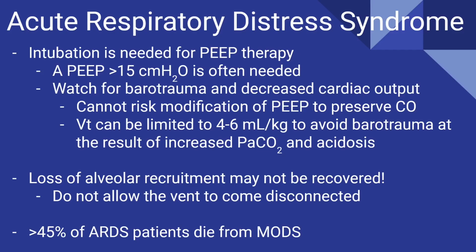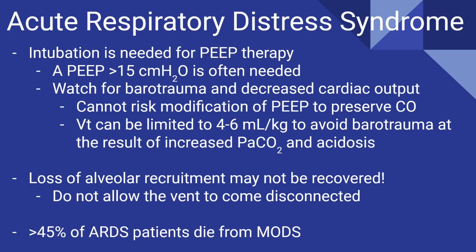And so we'd intubate, and we set the PEEP to a fairly high level, which is usually above 15. Now the problem when we have a high level of PEEP, or a high level of pressure at the end of an expiration, is that we can cause some barotrauma when we then administer another breath.